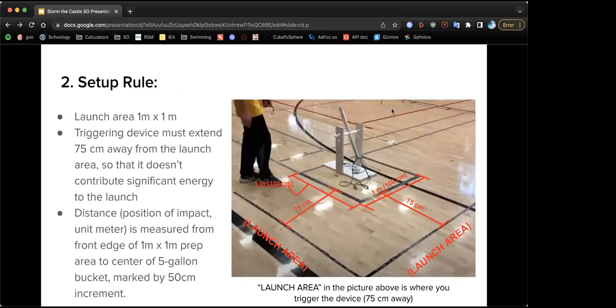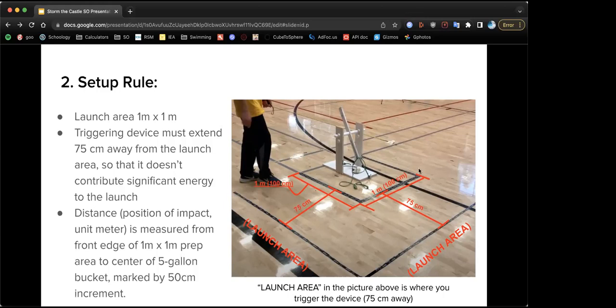Another rule that gets a lot of people disqualified is the setup rule. The first rule is that your device must fit into a 1 meter by 1 meter square. You need to be able to prepare for your launch in that square, so basically you're preparing all your stuff inside this little square.